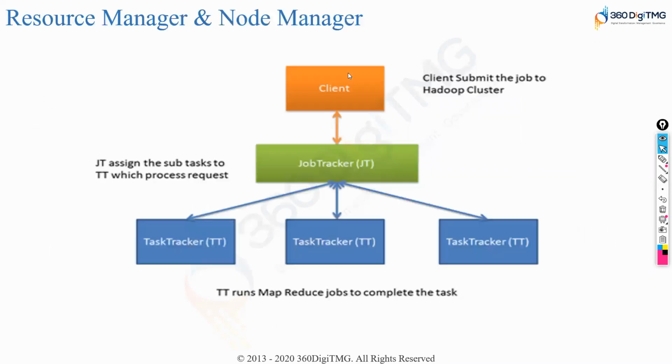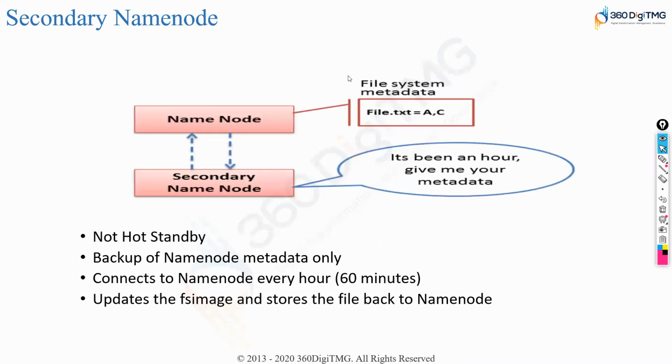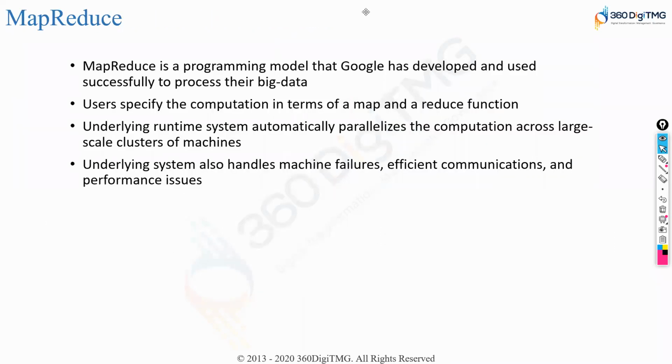So we are basically trying to understand how these services run: name node, data node, and secondary name node. That is the storage component. MapReduce is basically your processing component, right?